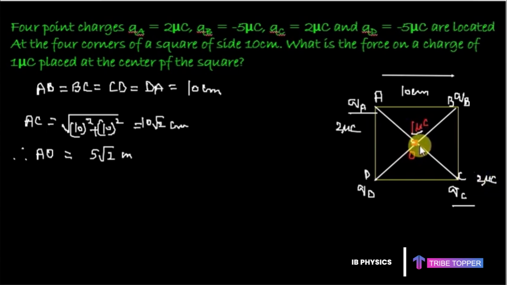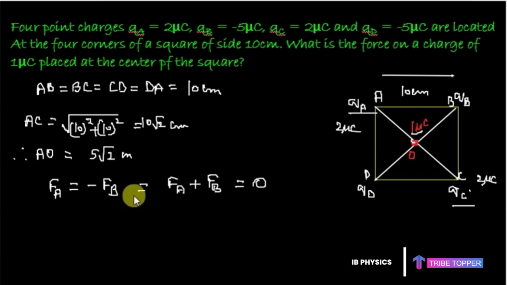So 1 microcoulomb is going to experience a force of repulsion from the charge at A and the charge at C, and that is going to be equal and opposite. So force FA is going to be equal and opposite to force FC, because the magnitude is going to be the same but the directions are going to be opposite. So the resultant force on the charge at O is going to be 0.